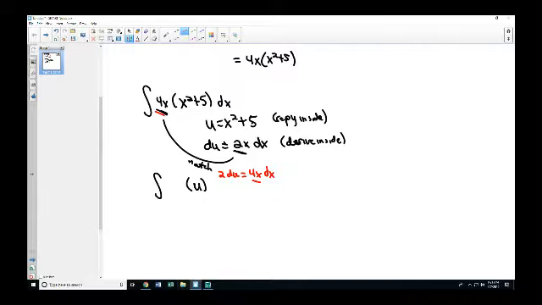So this 4x dx is here, correct? Okay, what am I going to replace it with? That right there.